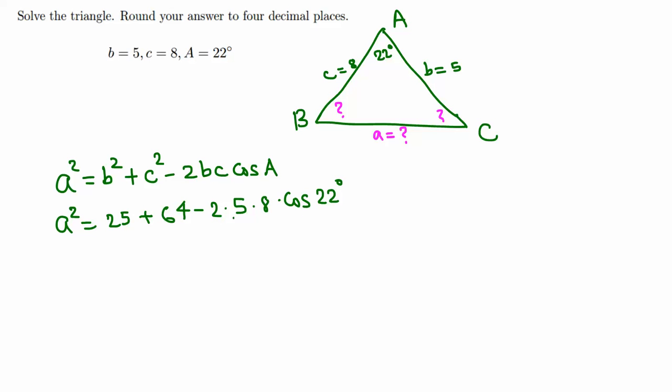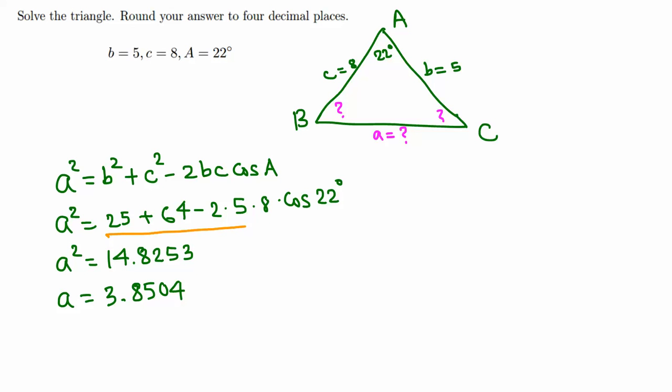These are all known values, so now use your calculator and get a number. Using the calculator, this number becomes 14.8253. Now take the square root of both sides and we get a equals 3.8504, so that is one of the answers.